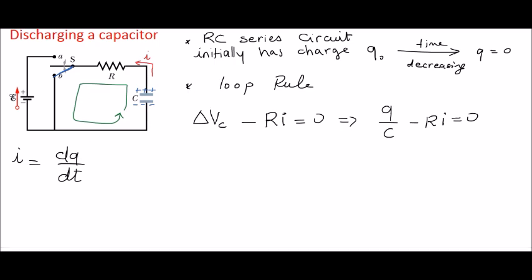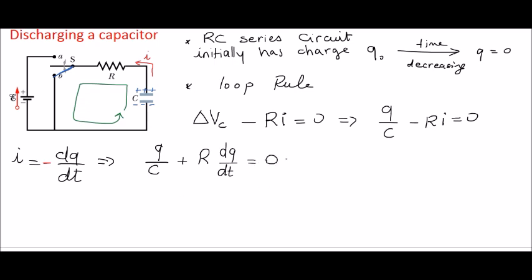But the current, we know that the current is positive. So in order to have a positive current, we need a minus sign here. So our differential equation, that's very important, will be Q over C minus Ri, well, that's plus R dq over dt, equals 0.